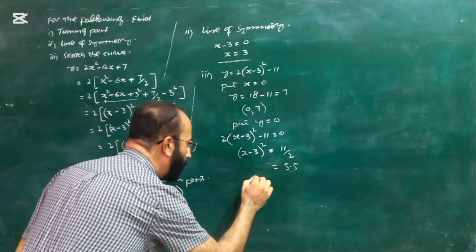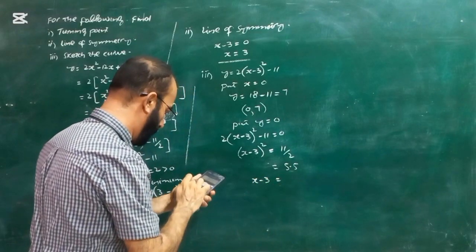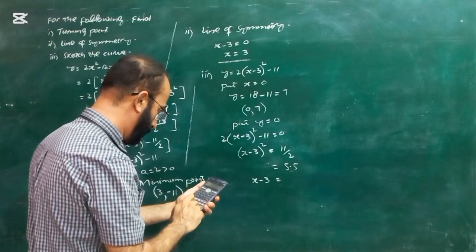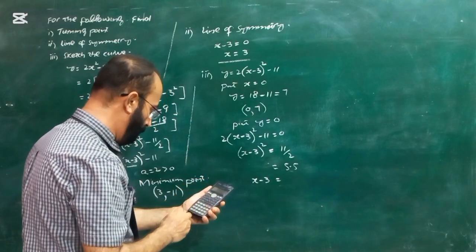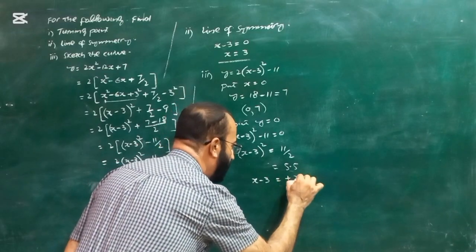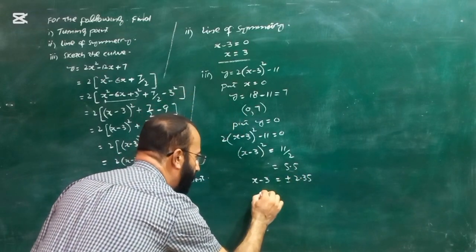Take the square root on both sides. So x - 3 will be equal to the square root of 5.5, that is 2.35. So plus or minus 2.35.